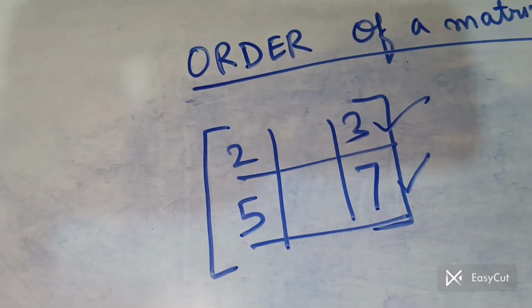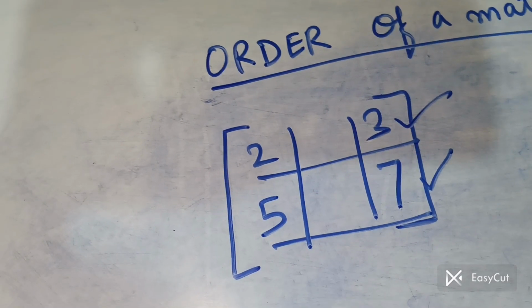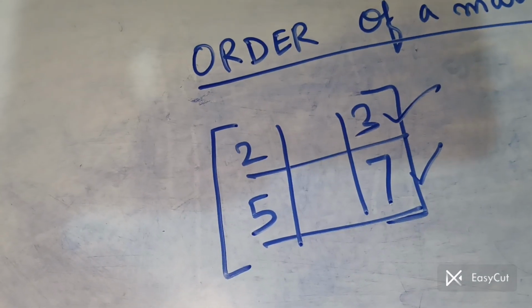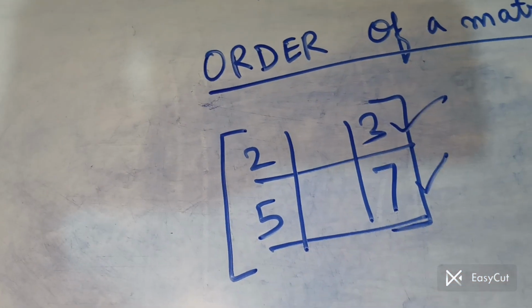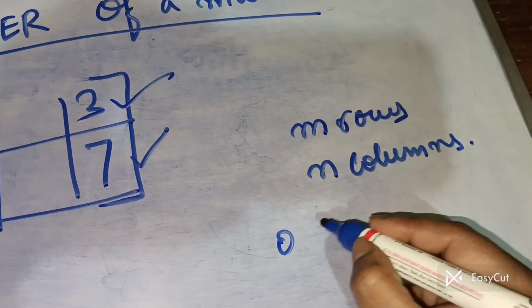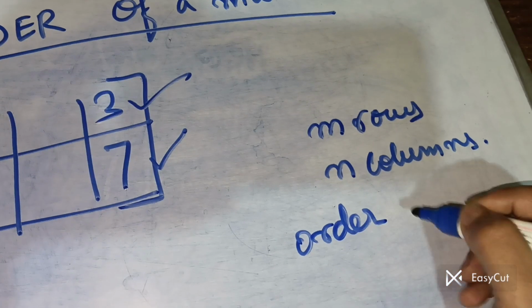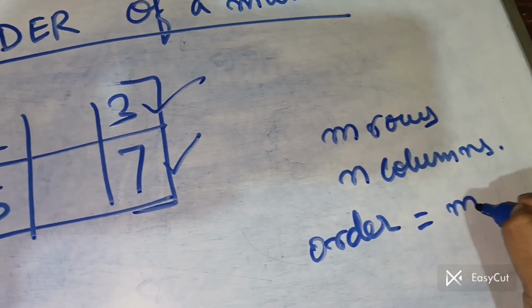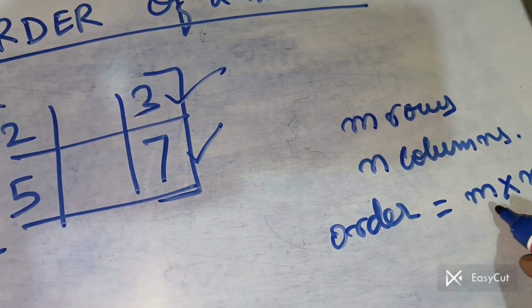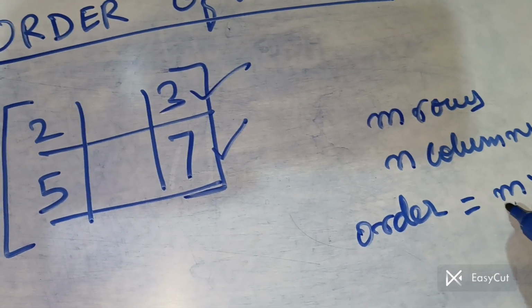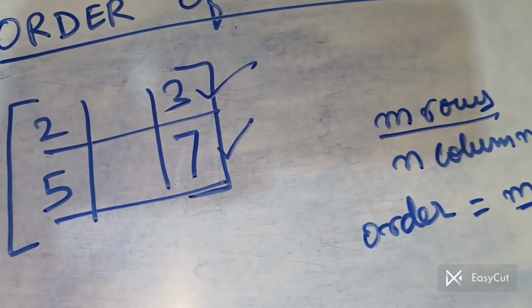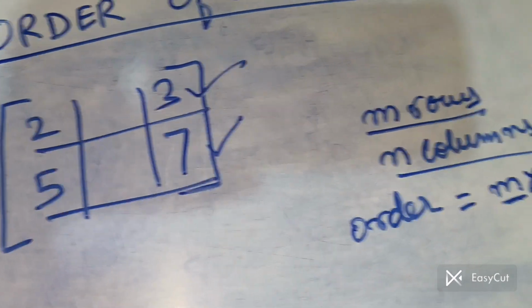So if there are m rows and n columns, then the order of matrix will be m by n. This is not the multiplication sign. It is said m by n. M represents the number of rows and n represents the number of columns.